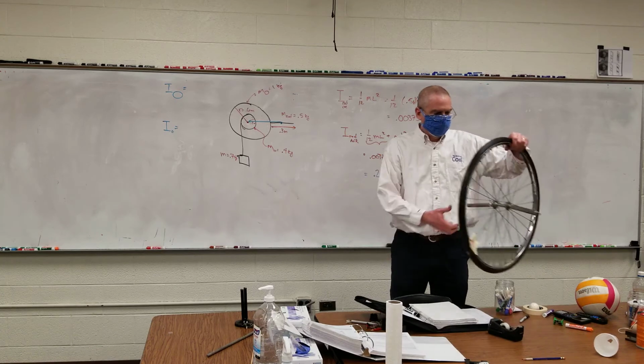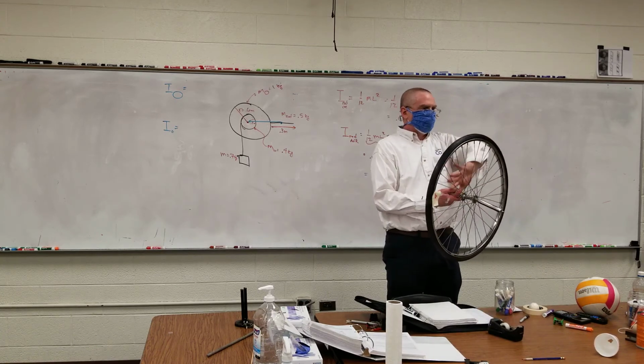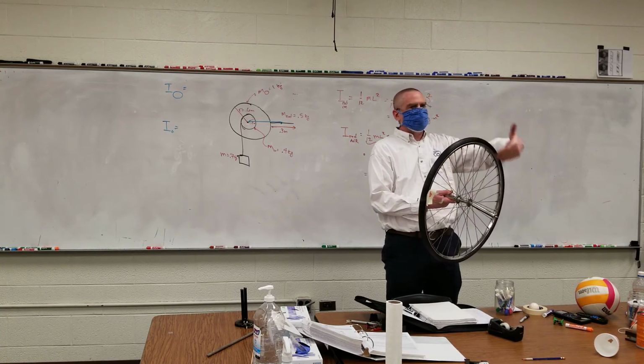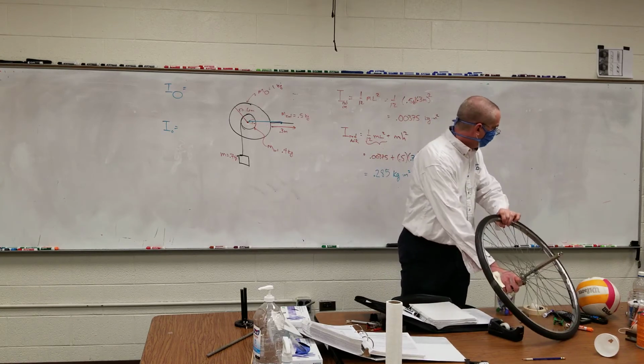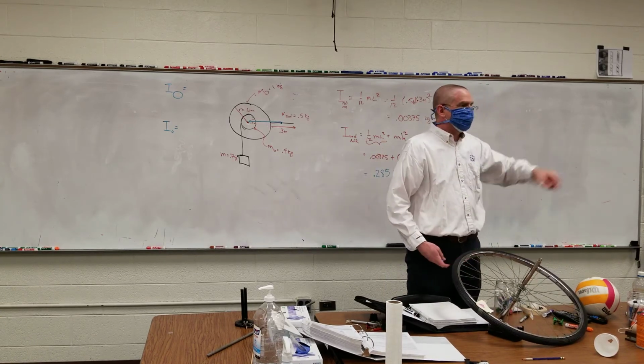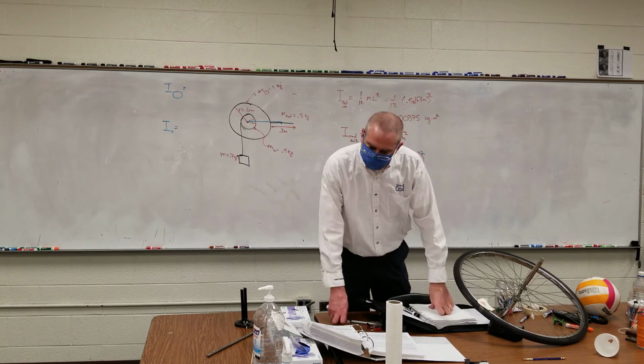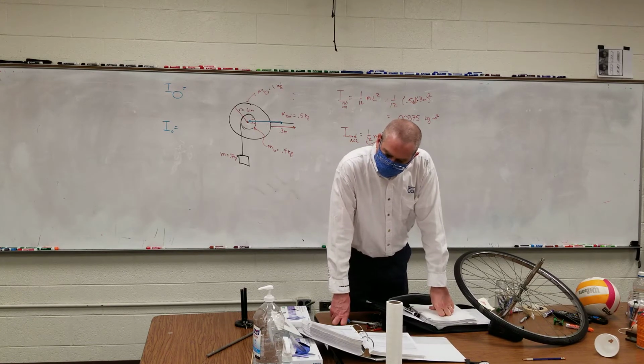That would be a hoop as if we could ignore the spokes, close enough to a hoop, or a hula hoop over there, rotating about its center. Annular cylinder, about the cylinder axis.